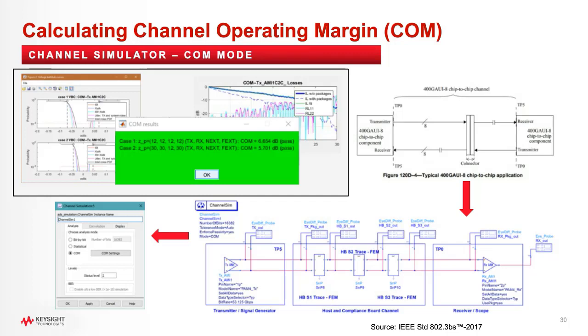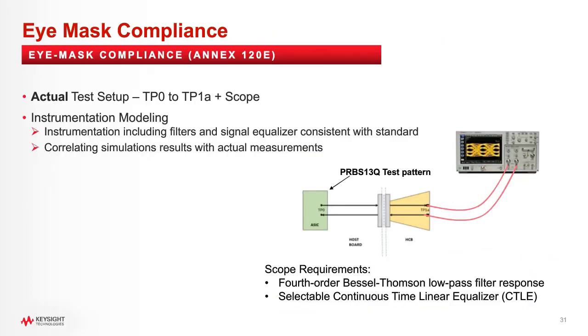to calculate the COM values. For IMASC compliance specified in Annex 120E, the actual test setup is from TP0 to TP1a with a scope as shown in the picture. The scope requirements are first, adding a fourth order Bessel-Thomson low-pass filter, and second, applying only a selectable continuous time linear equalizer, which is CTLE.